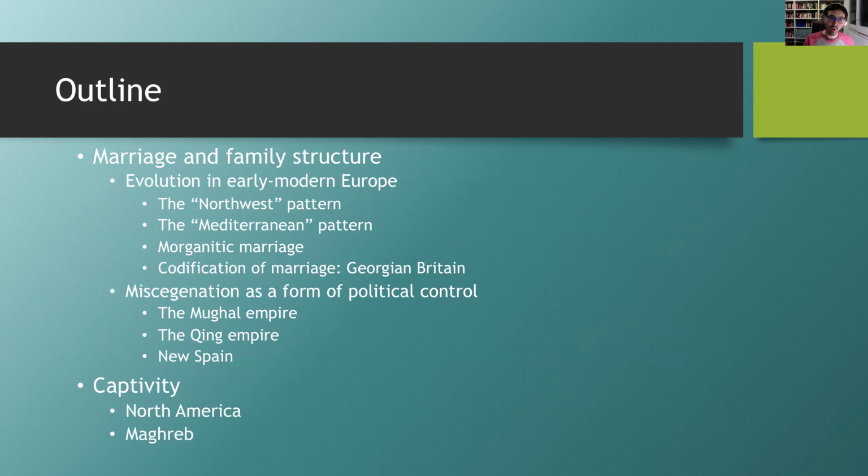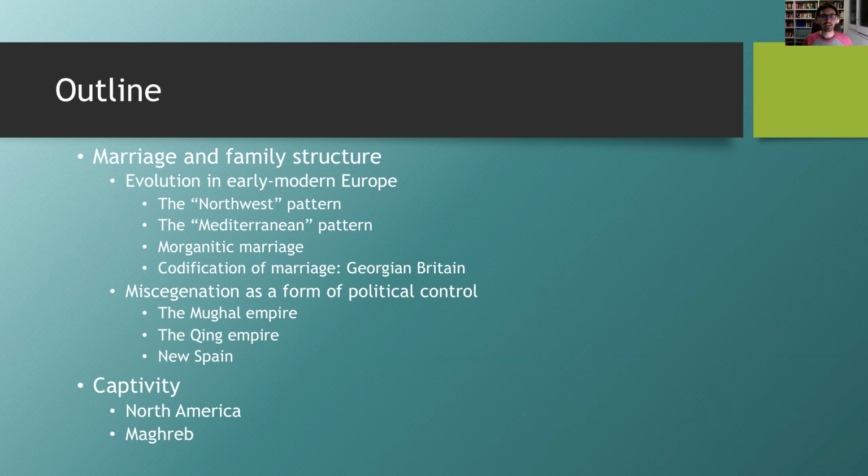So we're just going to focus on specific aspects of marriage. We're going to look at the evolution of early modern Europe in particular, and we're going to see that there are two regions that roughly, and this is again generalizing quite a bit, we have a northwest pattern of marriage, and then we have a Mediterranean pattern of marriage.